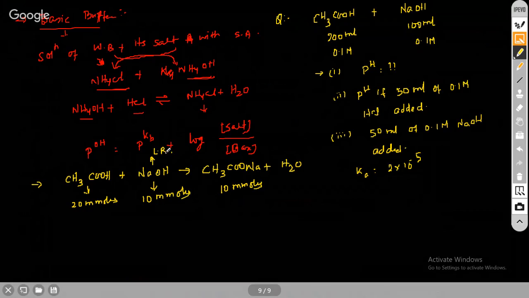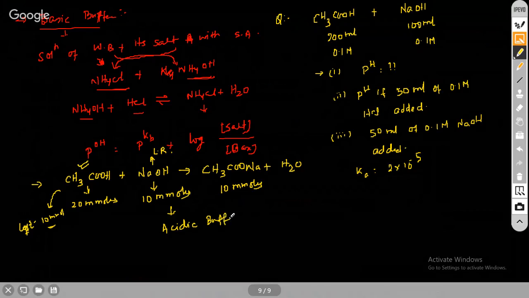Now, in the reaction vessel, we have CH3COOH present, and the number of millimoles of CH3COOH left is 10 millimoles, because 10 reacts with 10, so 20 minus 10, 10 is left, right? And 10 millimoles of salt is formed. So whenever you have a mixture of CH3COOH and CH3COONa present, the solution is an acidic buffer solution.